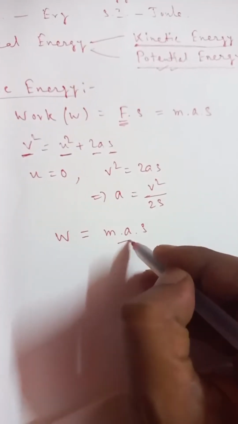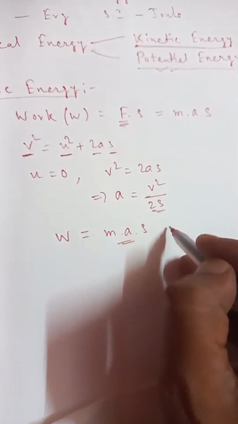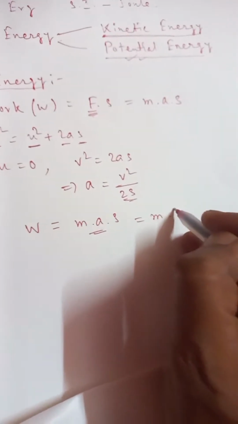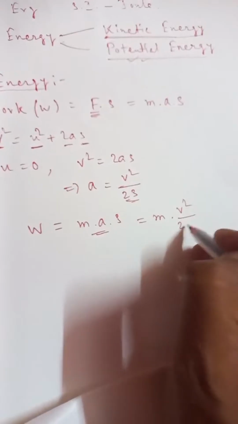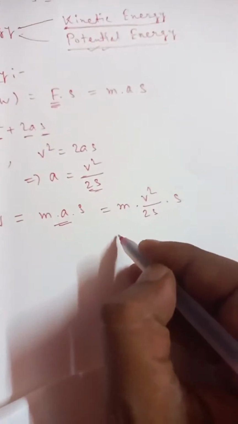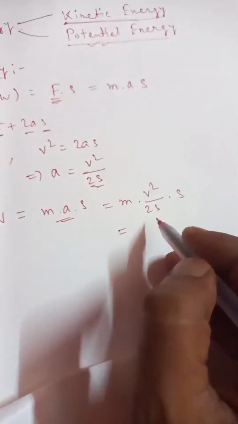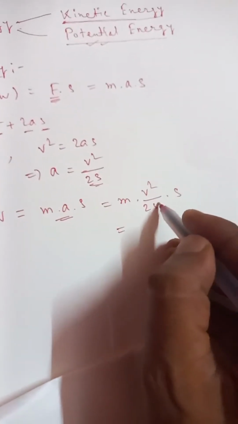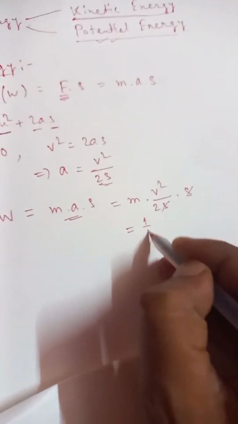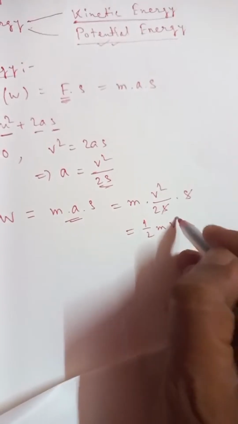If we replace a by this term, we get m multiply v square by 2s multiply s. The s vanishes, and this will be half m v square.